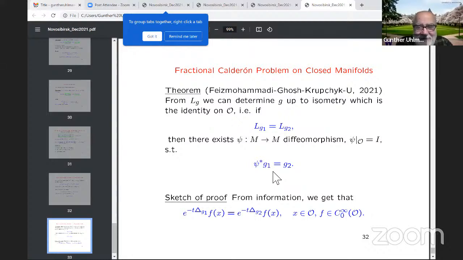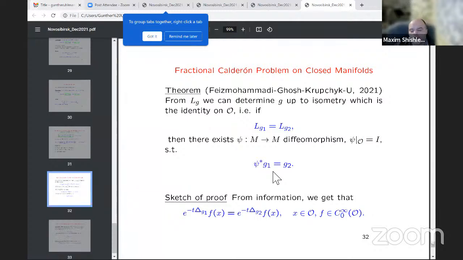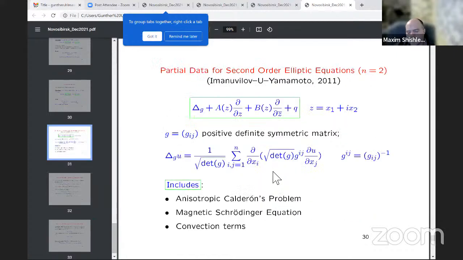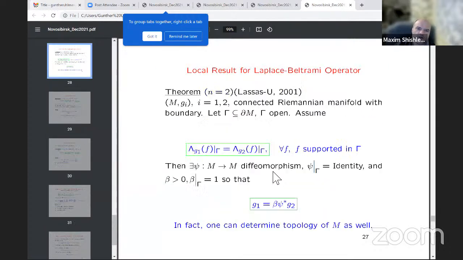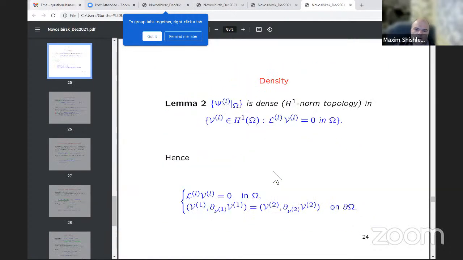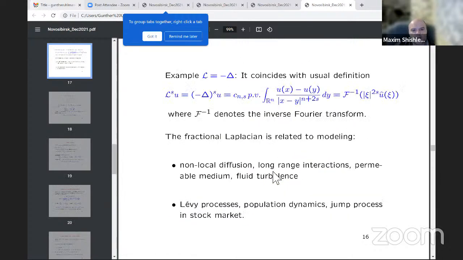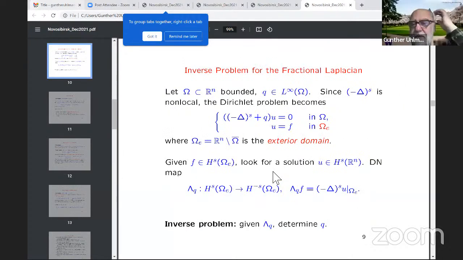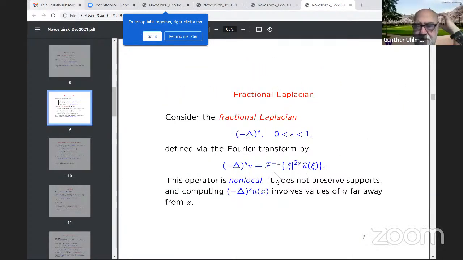Professor Uhlmann, could you please tell me if, for instance, we have partial derivative with time and fractional derivative with space, or fractional derivative with time and fractional derivative with space. Are there any theoretical results in this case? I don't know of any, but that would be an interesting problem, right?